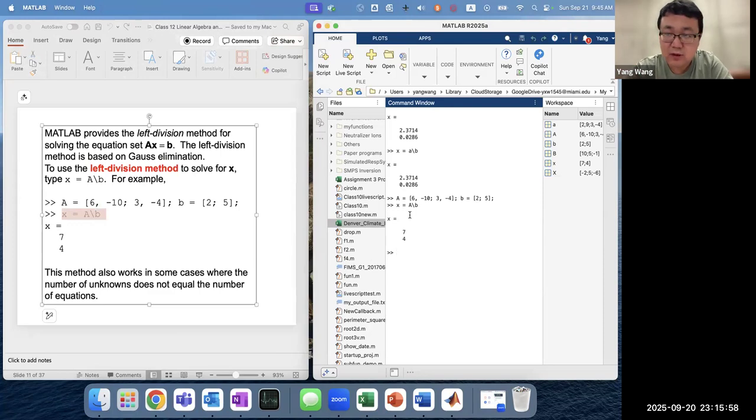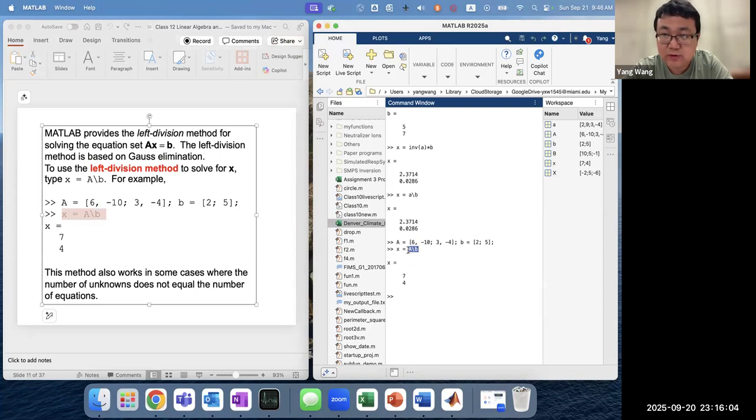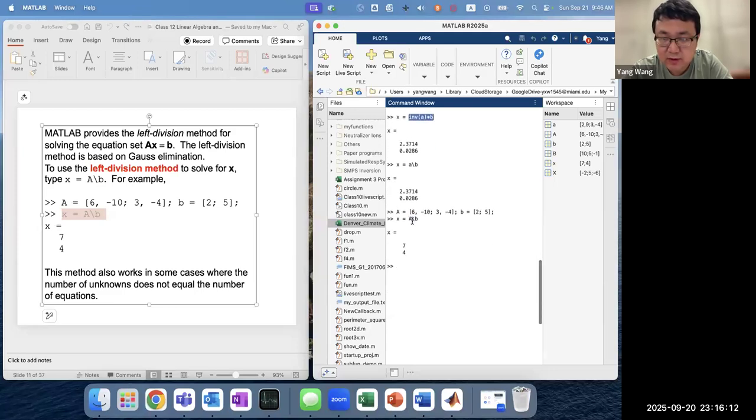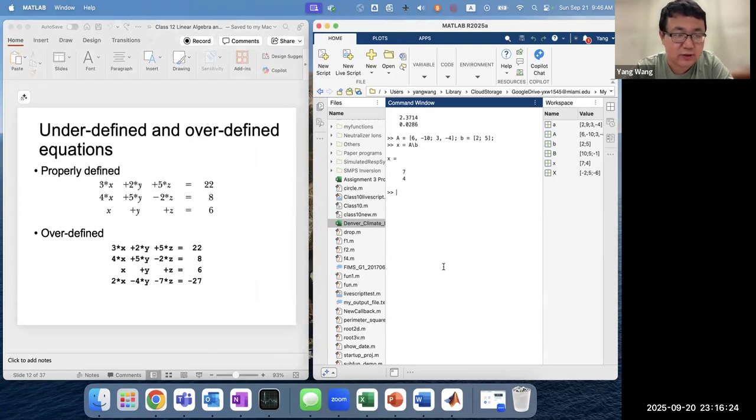Remember the code or the script you use to calculate the solution here is different, because here is inverse, right? You can understand inverse and multiply by the array, but here you just directly type in the matrix itself and then A backslash B. Okay, so this is a difference.